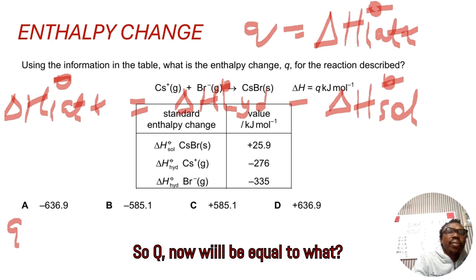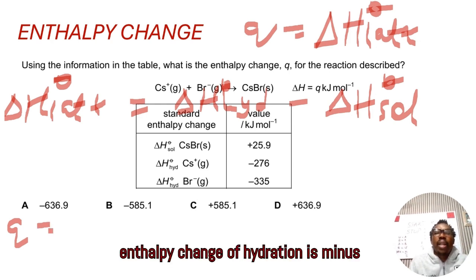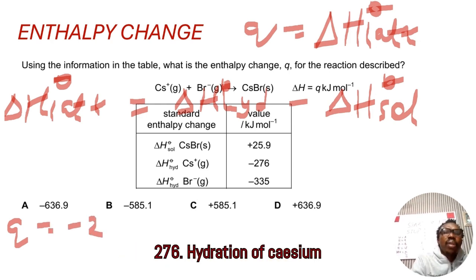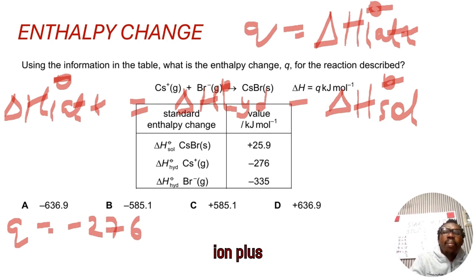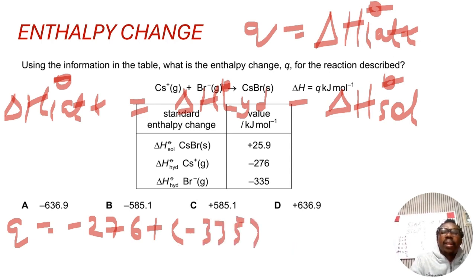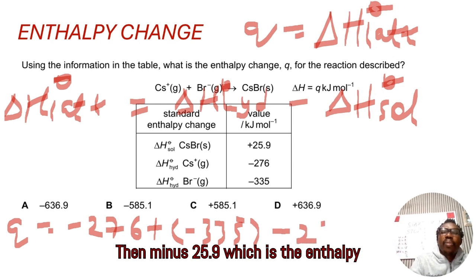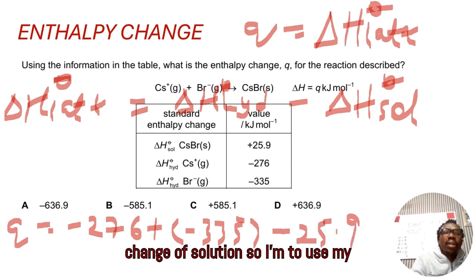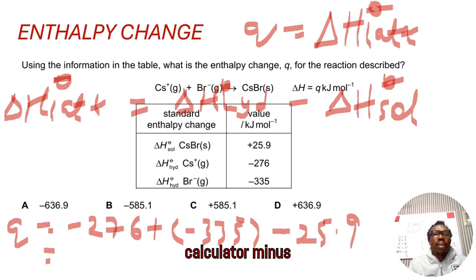So Q now will be equal to what? Enthalpy change of hydration is minus 276 for cesium ion, plus bracket minus 335, then minus what? 25.9, which is the enthalpy change of solution. So I'm to use my calculator.